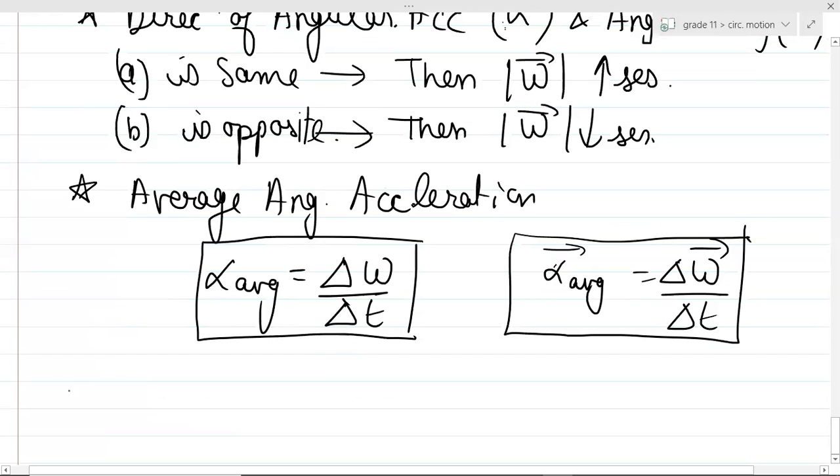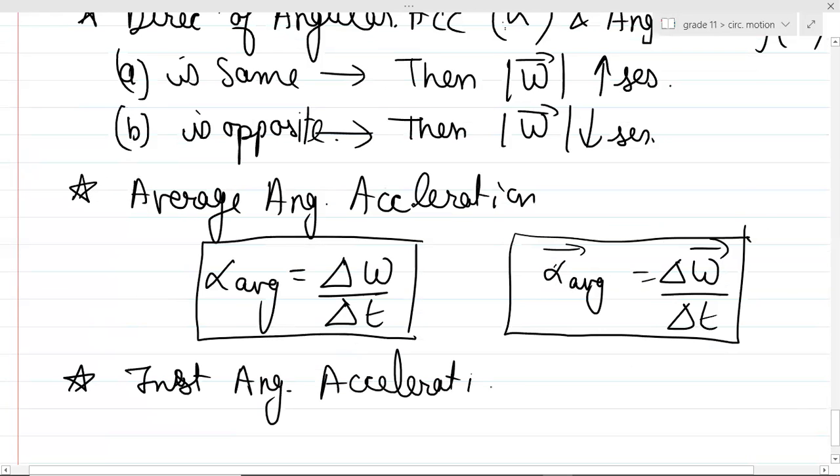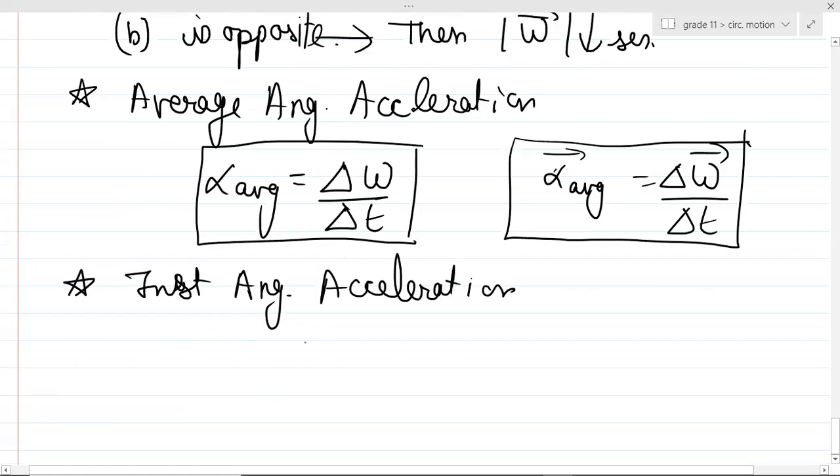Similarly, there will be an instantaneous form as well. Instantaneous angular acceleration, alpha instantaneous, will be equal to d omega by dt.